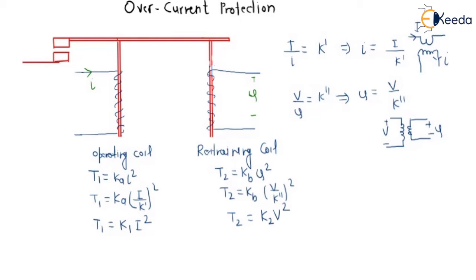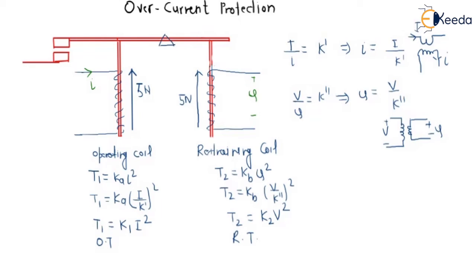This is the restraining torque. The relay is generally in the wedge-off condition, meaning let us assume 5 Newton is applied, and the same is applied outward by the restraining coil. So this 5 Newton is the restraining torque, and here we know the hinge is present.